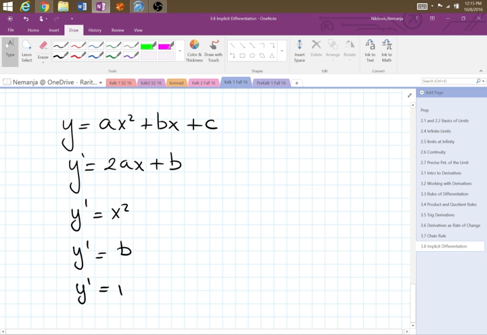Observe that the first derivative is the derivative in respect to x. What's the second one? Derivative in respect to a. The second derivative that you see there, the third line, is dy dA. A is the variable, and x and b and c are all constants, and derivatives of those are zeros.